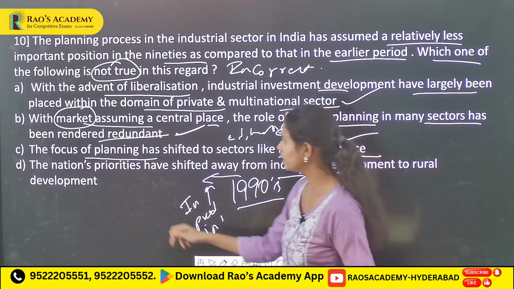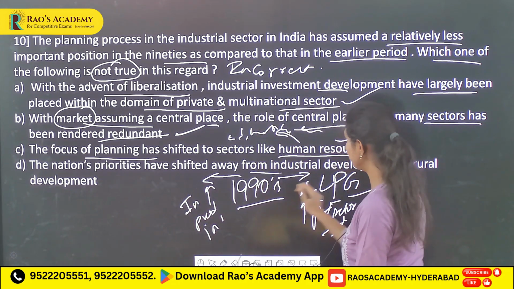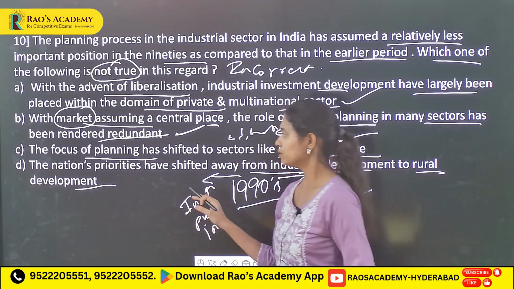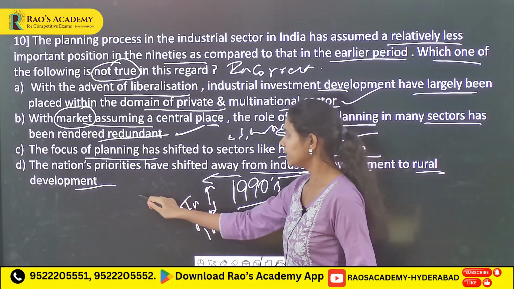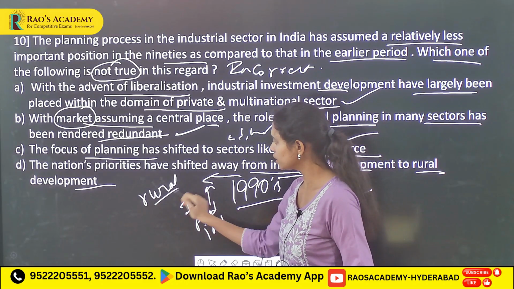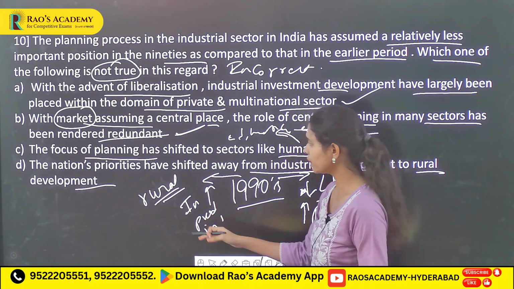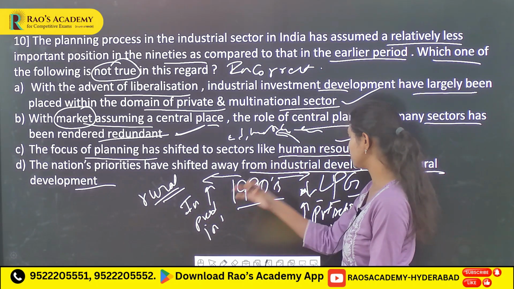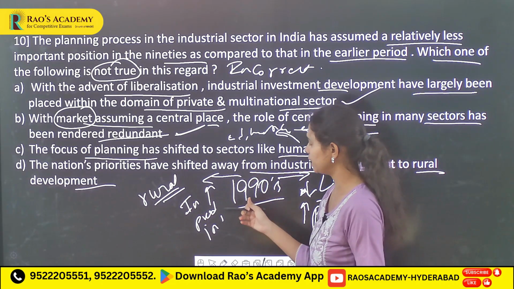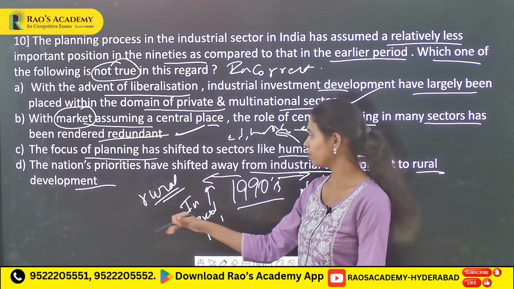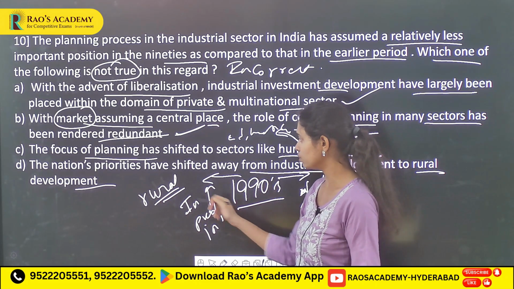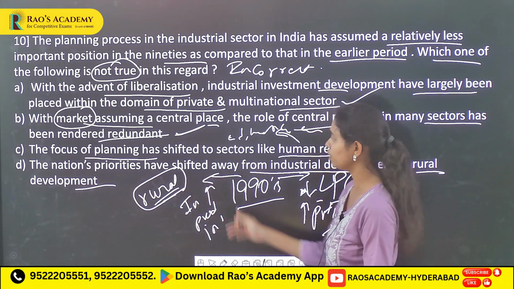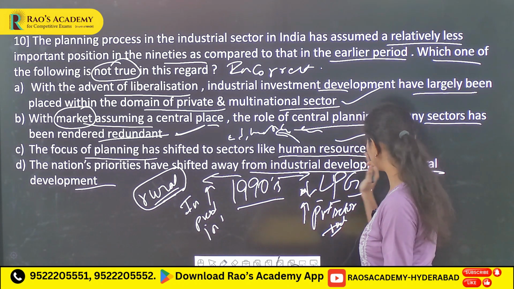Then followed by, the nation's priority has shifted away from industrial development to rural development. If you see this statement closely, the government was focusing on rural development before as well as after. The government has not shifted away from industrial development to rural development. Industrial development has been present before and later also, and rural development is also present, but the statement says that the nation's priority has shifted away from industrial development to rural development.